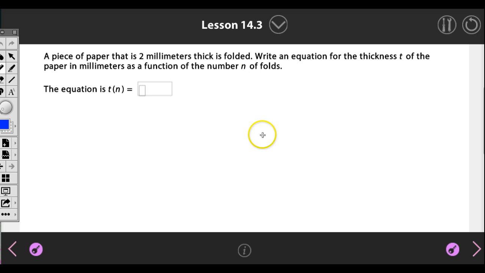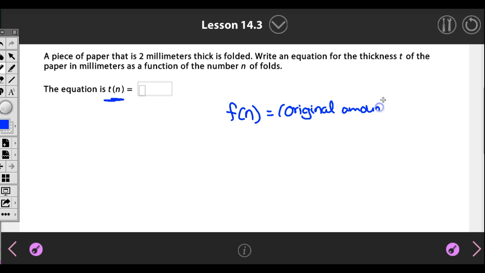Okay, so there was a formula, and the formula was something like this: F of N, or it could be something like T of N is equal to, it doesn't always have to be F over here. F of N is equal to, and then I'm just going to go ahead and write the equation for you in words you understand. So the first number that has to come is going to be the original amount.